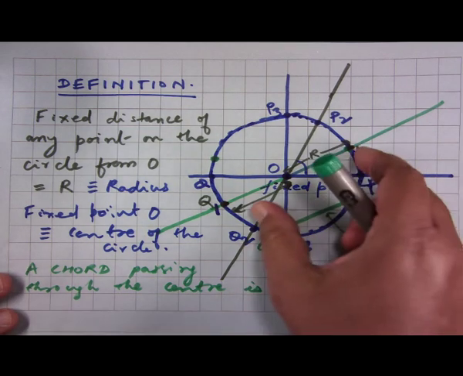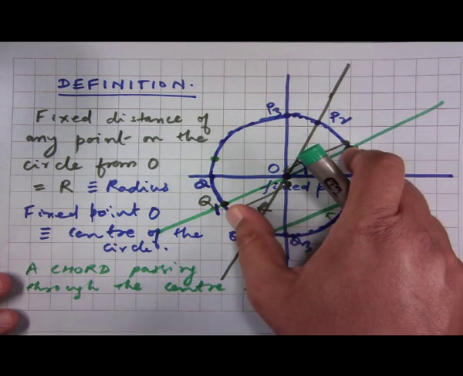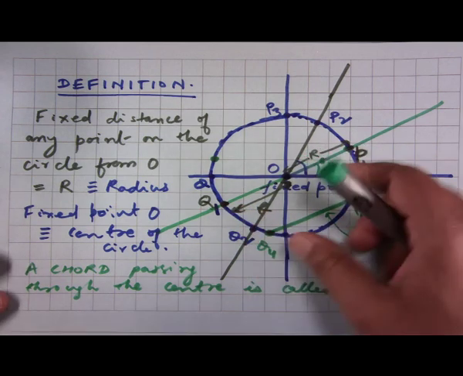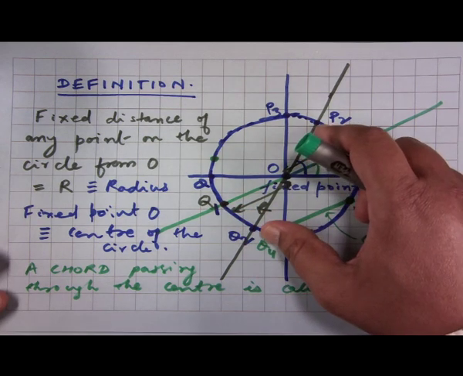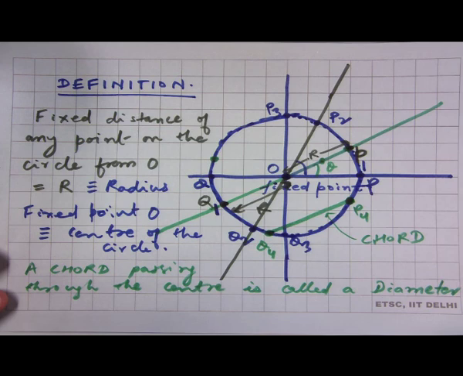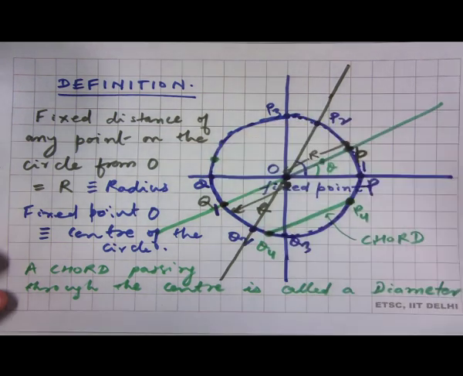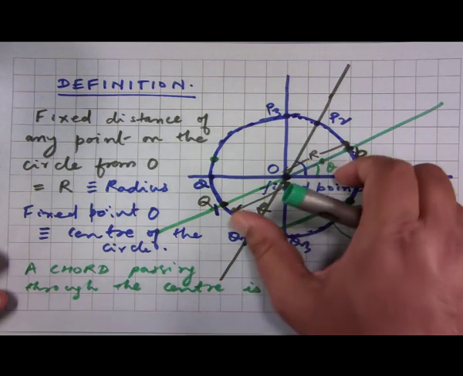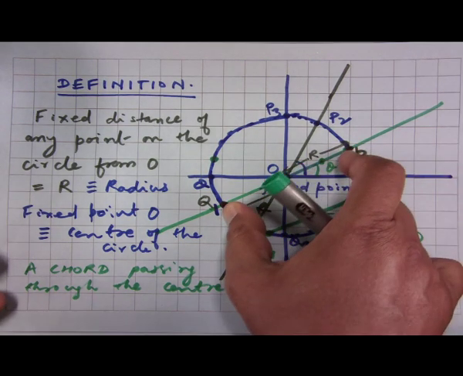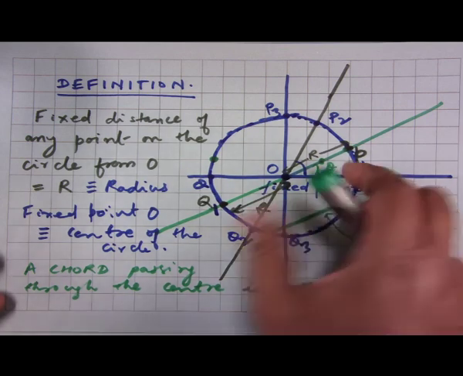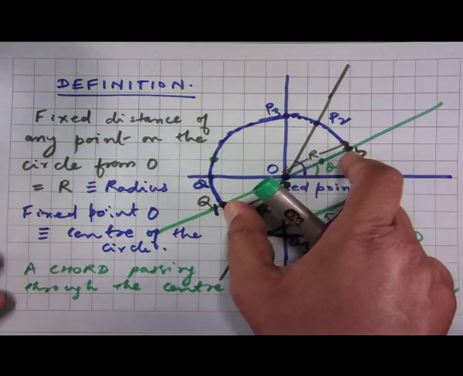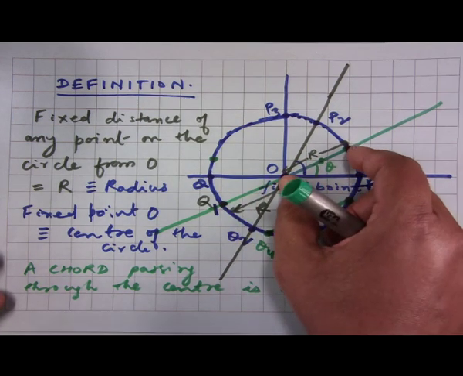So, in this case P1Q1 is a diameter. Similarly, P2Q2 is a diameter also, and as you can see there are infinitely many diameters. Now, what is the length of this diameter, this line segment? If you see any diameter, then it is composed of 2 radii.